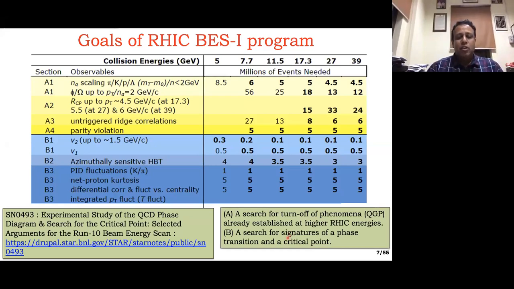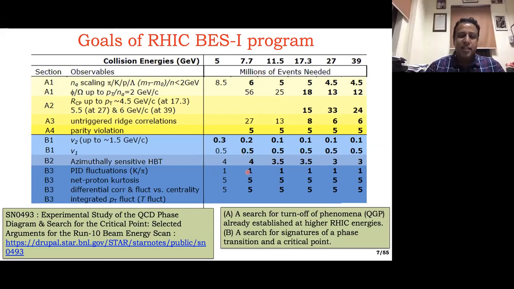These 2, labeled as A and B, we were able to also provide the observables. The set of observables A, sensitive to the turn off of phenomena, the energies and events that we estimated at that time, and the set of observables B, sensitive to equation of state and critical point fluctuations, are listed in blue.